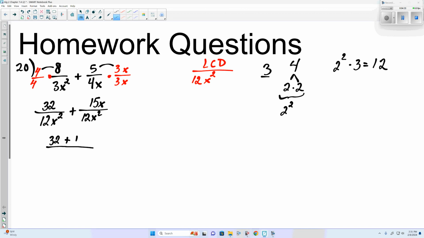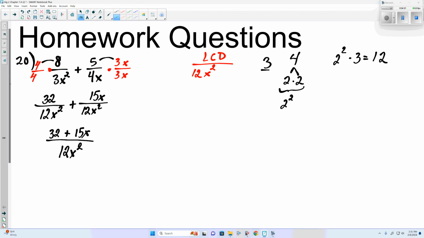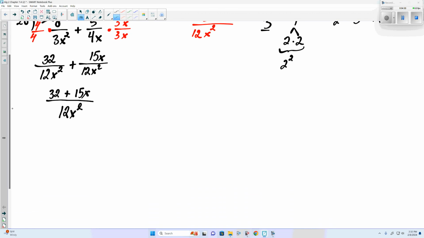Now we can add these two together. Since the denominators are the same, we can add the numerators. So we have 32 plus 15x over 12x squared. So we have this.